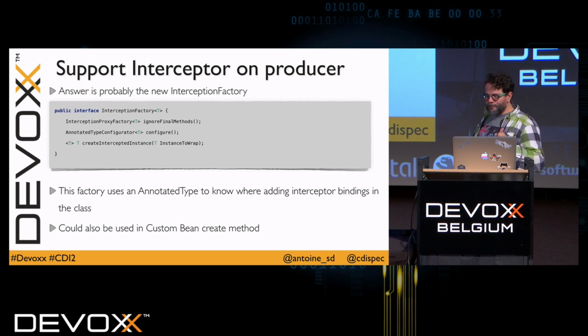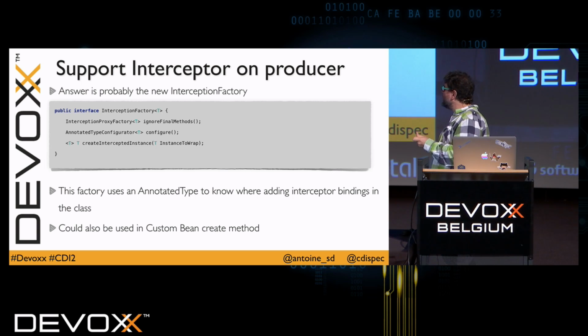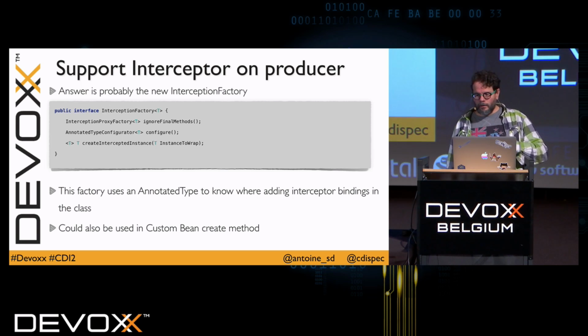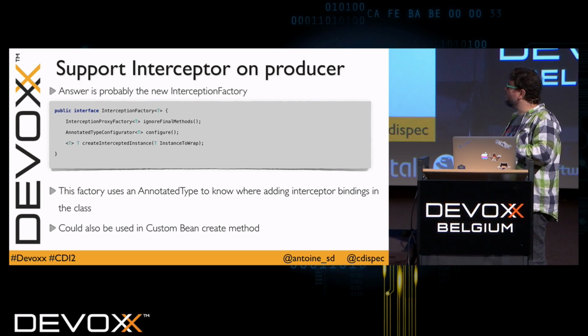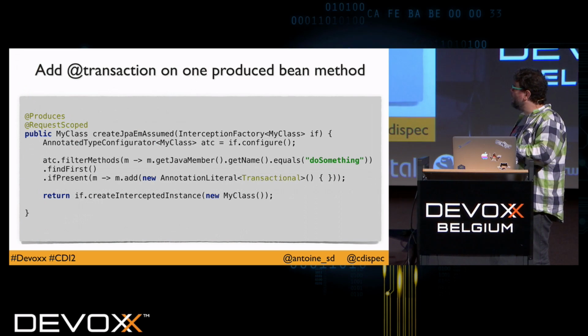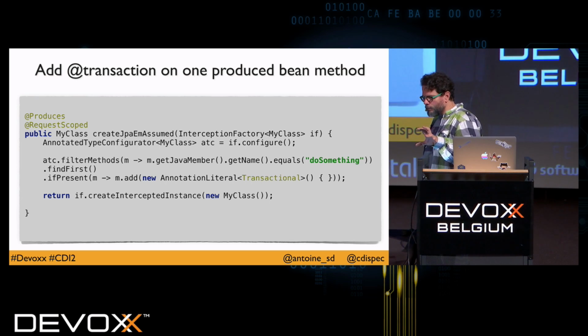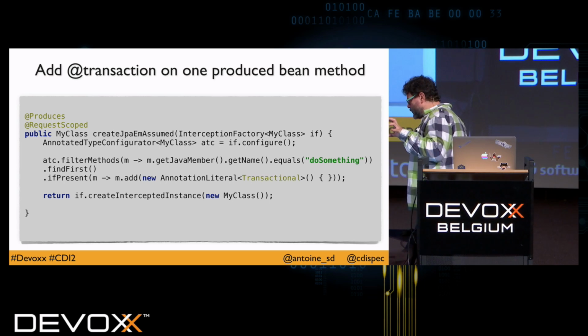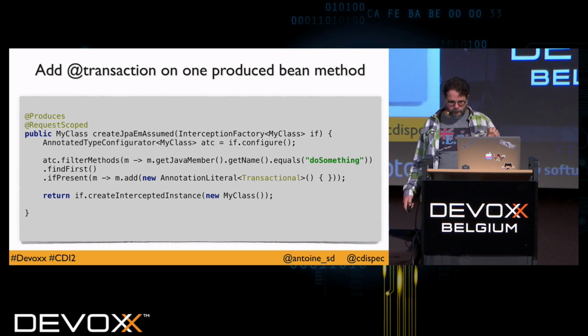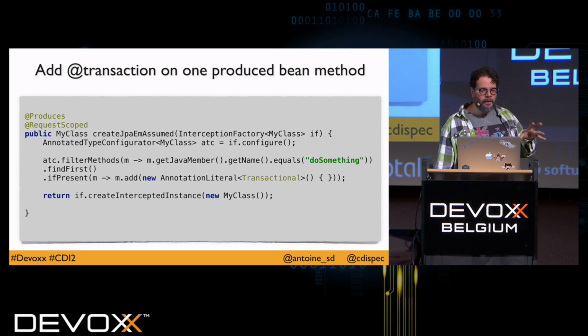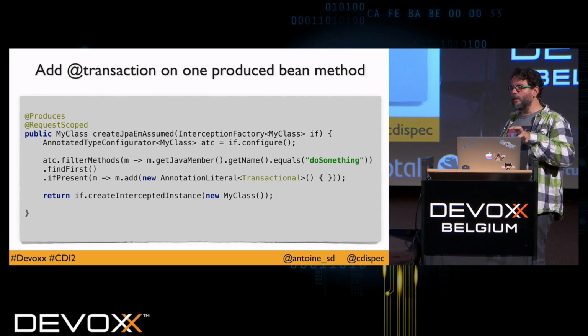So you can use it in the producer, or you can use it on a custom bean. So if I take my previous example, I want to apply a @Transactional annotation on one of the methods of my produced bean.